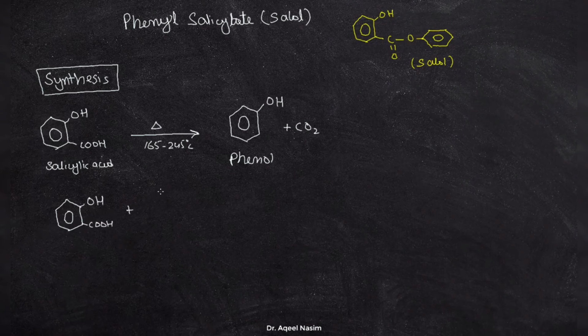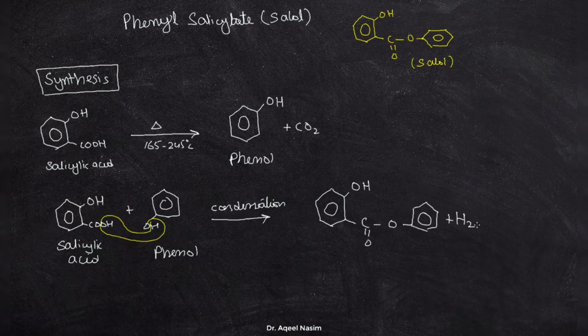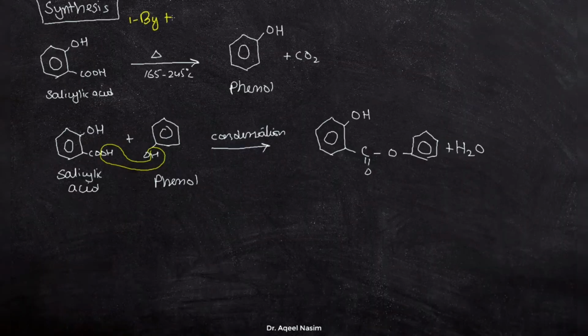Again, the salicylic acid molecule reacts with this phenol under certain conditions, leaving behind one water molecule. So there is a condensation reaction, and it forms phenyl salicylate along with a molecule of water.